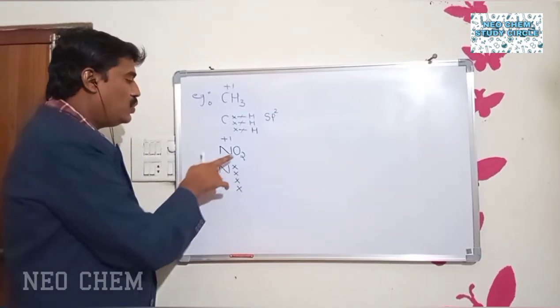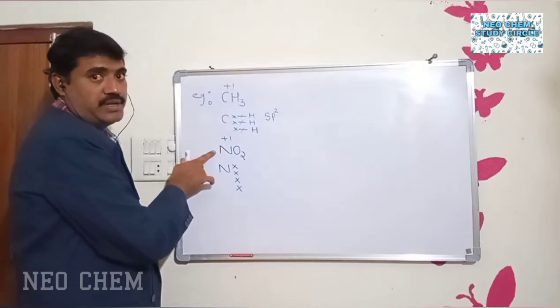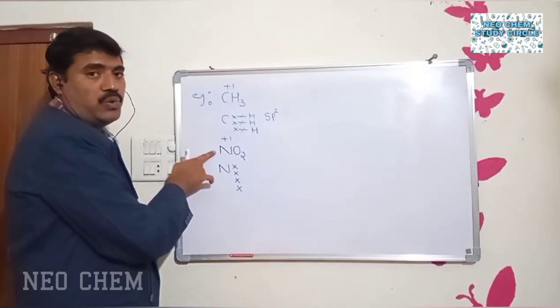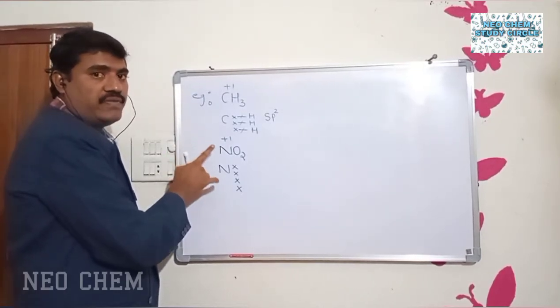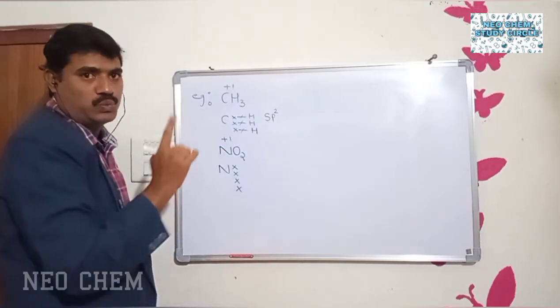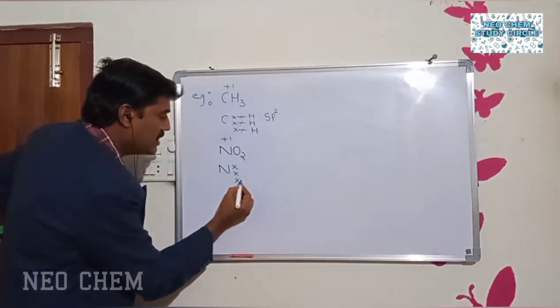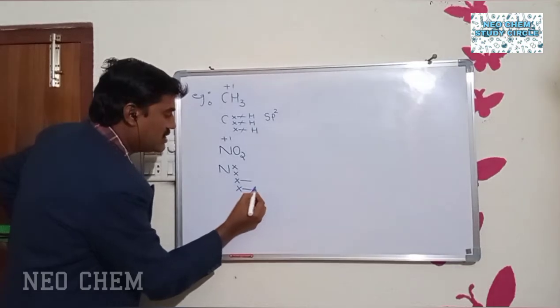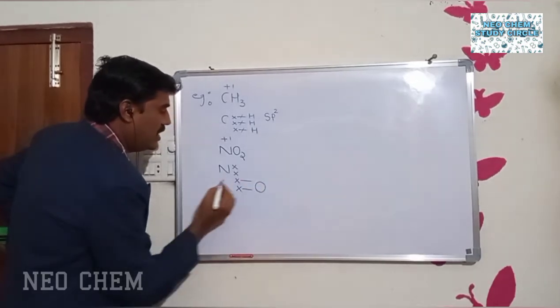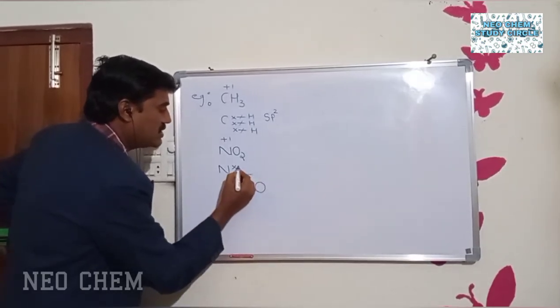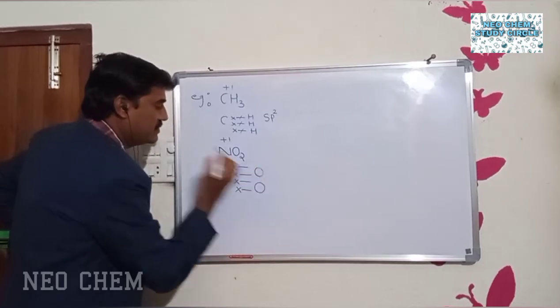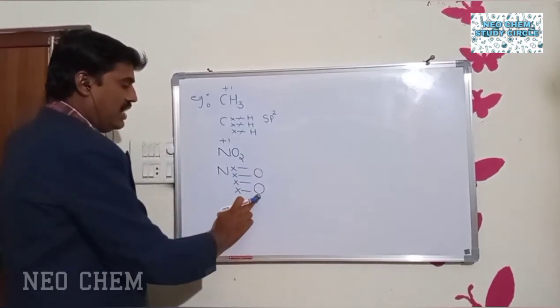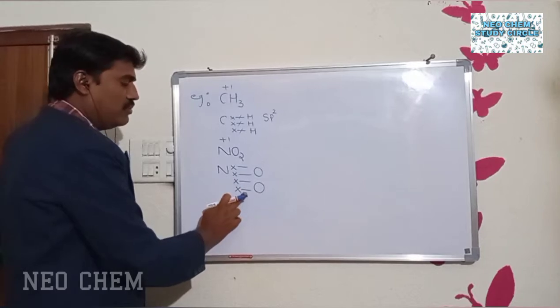Next, there are 2 oxygen atoms with nitrogen. As I told you, the valency of each oxygen is 2. So with 2 electrons, one oxygen atom, and with the remaining 2 electrons, the second oxygen atom. Thus, each oxygen has a double bond.